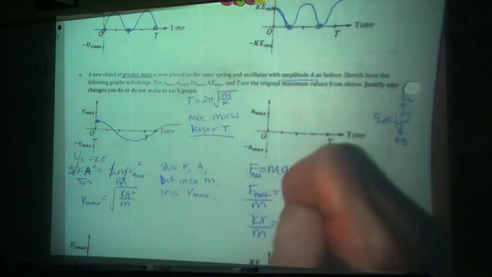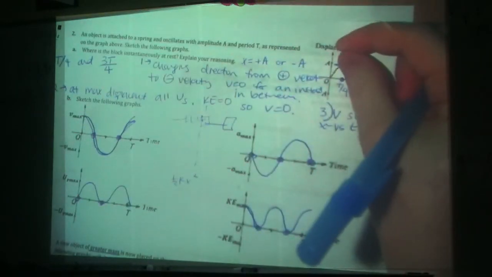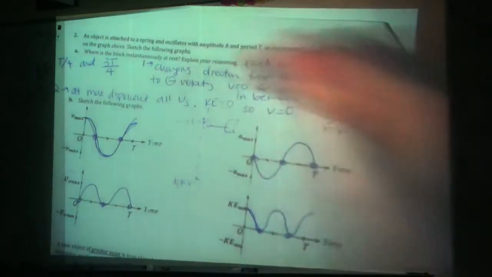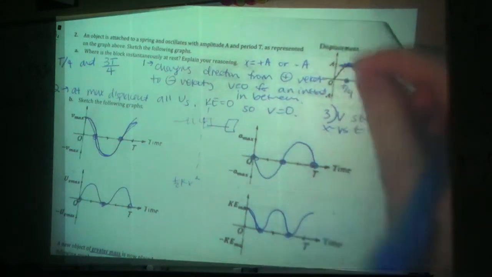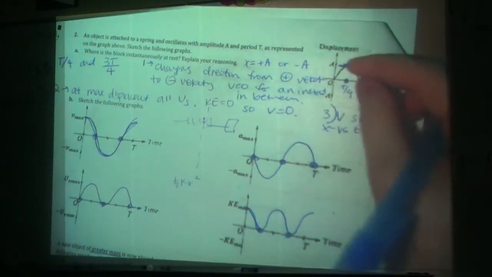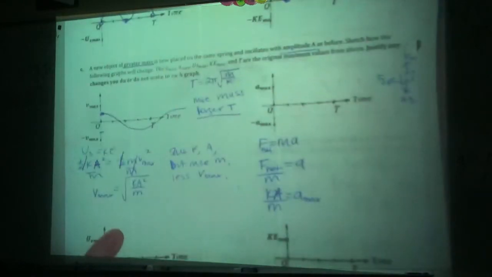If I'm looking at the maximum acceleration, the maximum acceleration would be at the points where it's farthest from the equilibrium, because force directly depends on the displacement from equilibrium, x. So your maximum displacement and your maximum force are going to occur at x equals A. So kA over m equals the maximum acceleration.